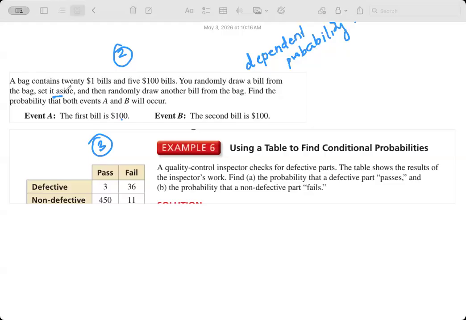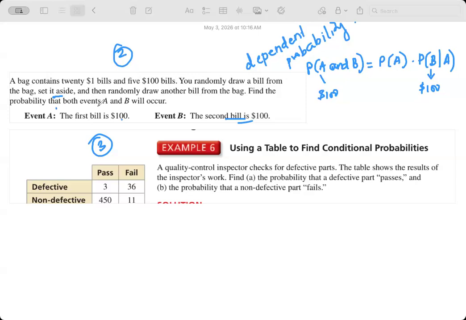You're not replacing it, so it becomes dependent probability. So P of A and B equals P of A times the probability of B given A has occurred. What is B? The second bill is $100. A is the first bill being $100.